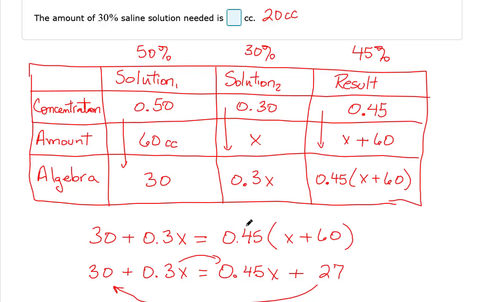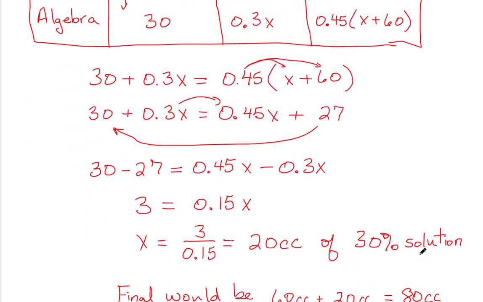All right, distribute the 0.45 times the x plus 60. And so I get 0.45x, and 0.45 times 60 is 27. All right, I want to get the x's together and numbers together.